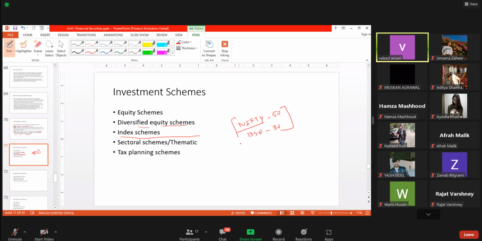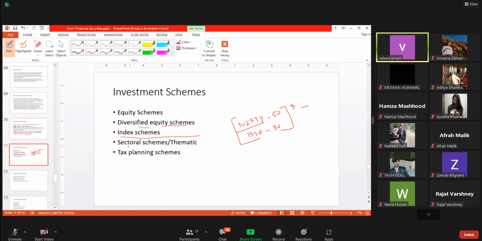That is why if Nifty is up, the Nifty fund offered by a particular company will mimic exactly the performance of the index. So they form a portfolio based on this.